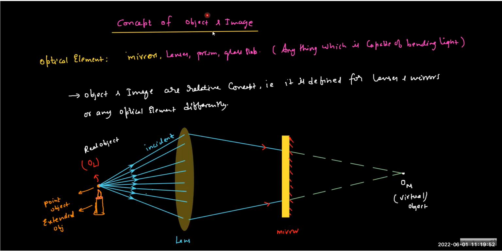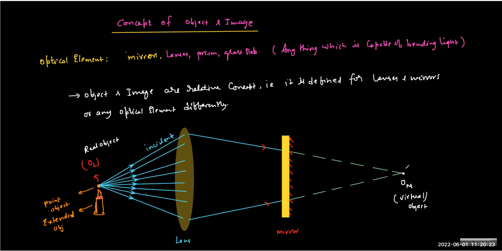For the lens, the refracted ray, now you have to trace, because the image is defined in terms of a reflected light or a refracted light. Just like the object we define for the incident light, the image we define for which light? Refracted or reflected.